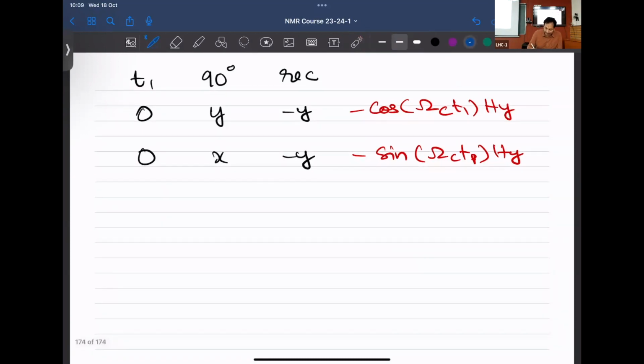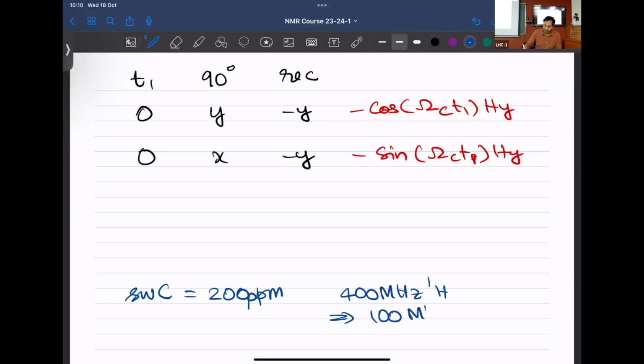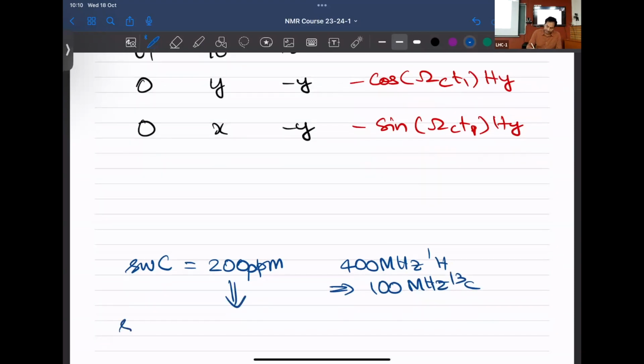Let me do one more step before I allow you to ask questions. Remember, in the indirect dimension, the carbon will have a certain spectral width. Let's take a simple number. Let's assume 200 ppm of carbon spectral width, as we saw for small organic molecules. Let us say we are doing this on a 400 megahertz proton NMR spectrometer. That means carbon is 100 megahertz. Therefore, the spectral width of carbon in hertz will be 200 times 100, which is 20 kilohertz.